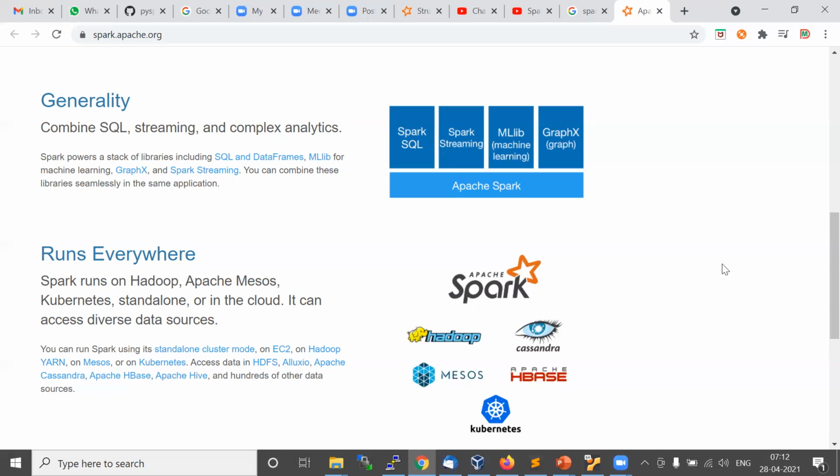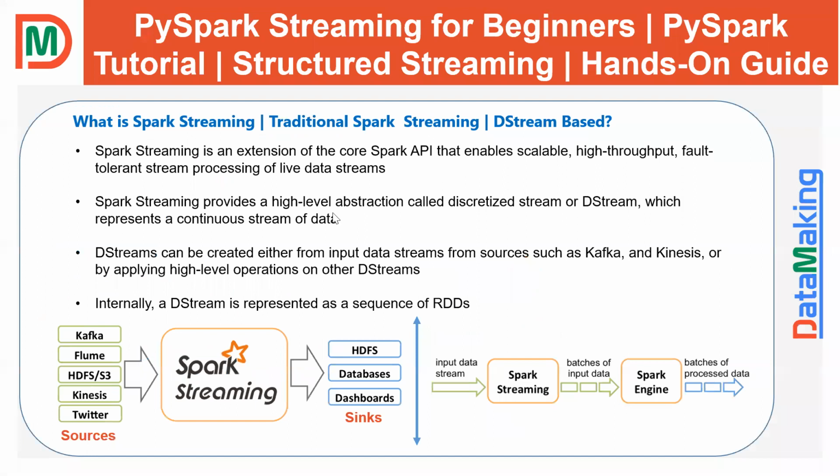If you want to consume that data and process it in a shorter span of time to generate insight, or do fraud detection, it can be done using Spark streaming. Spark streaming is basically used for that kind of scenario.